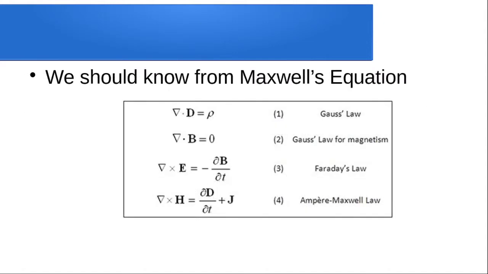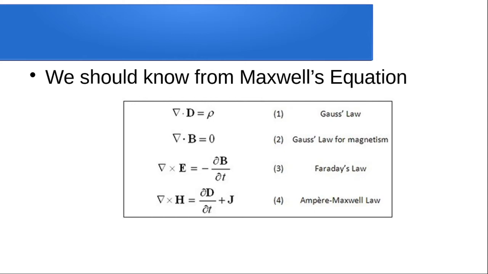Before we move on to derive Poisson's equation, we need to know about Maxwell's equations. Though we are not going to explain them since it is not in the scope of our study, I would recommend you to do a search on Maxwell's equations and try to understand a little bit about them.